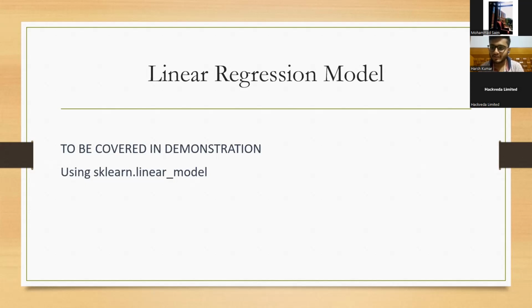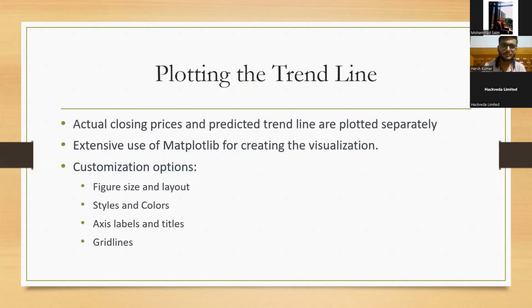And when we expand this, writing it in the form of a mathematical expression and using some other constants, we obtain this regression model. So what we'll be doing is plotting the trend line. How? Let's see. The actual closing prices and the predicted line are plotted separately in the form of blue and red dashed lines.